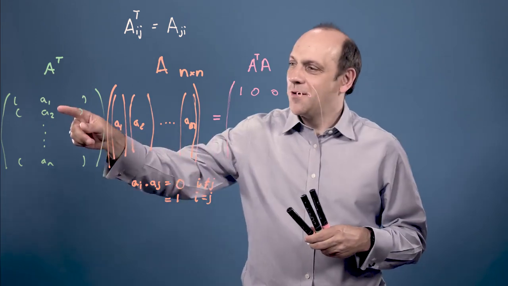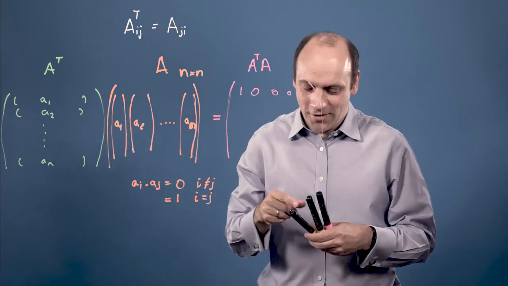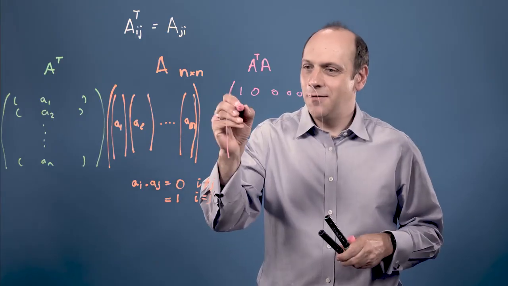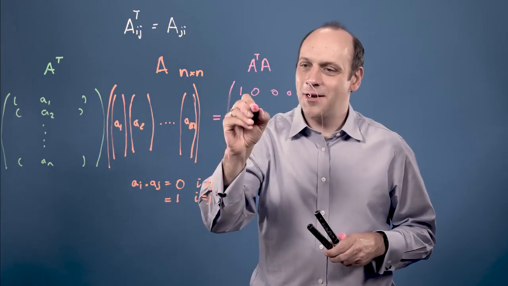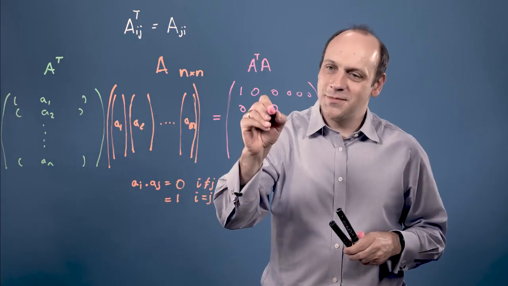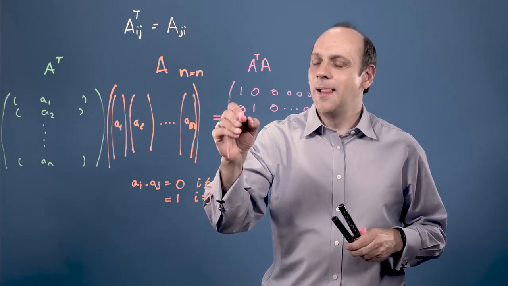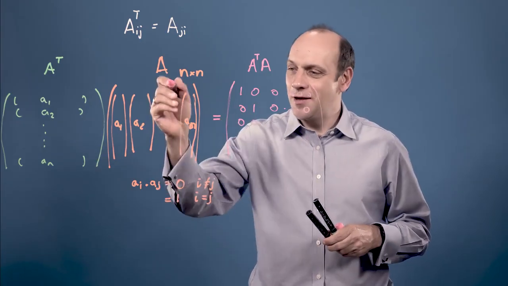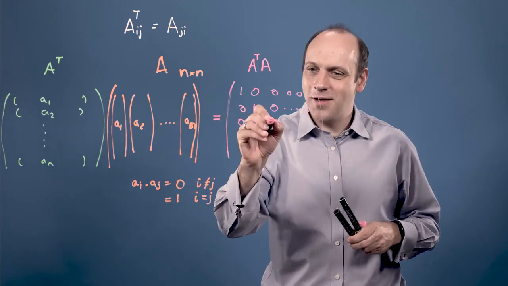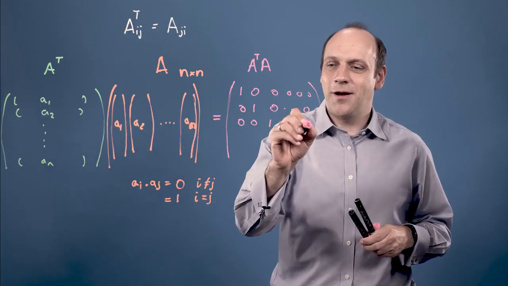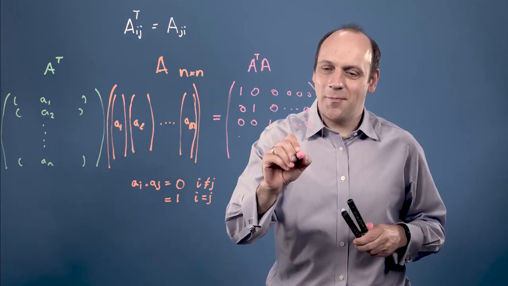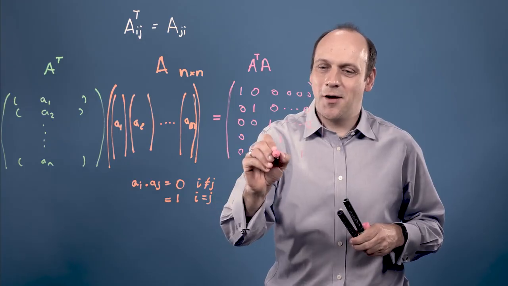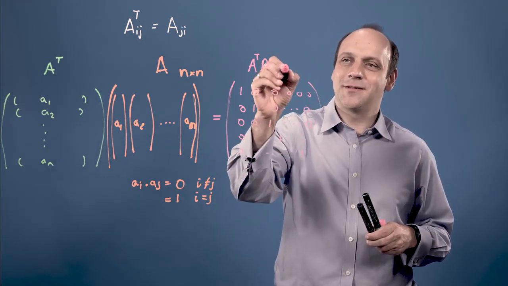And then when I do the second row and the first column, I'm going to get another 0. And when I do the second row and the second column, I'm going to get a 1. Second row, third column, 0, all the way across. And when I do the third one, I'm going to get the same again. I'm going to get 0, 0. It's all going to be zeros except A3 times A3, and that's going to be that element all the way across. And what I'm gradually building up here is the identity matrix.